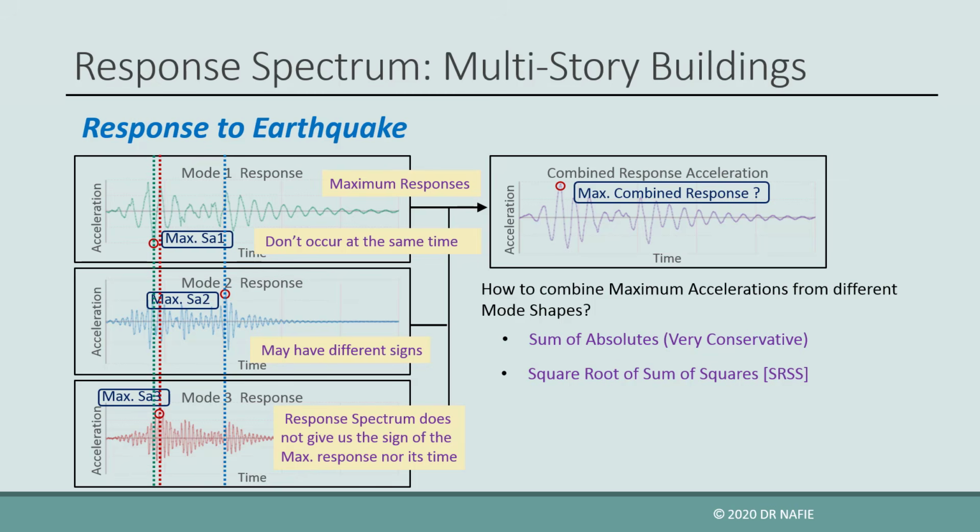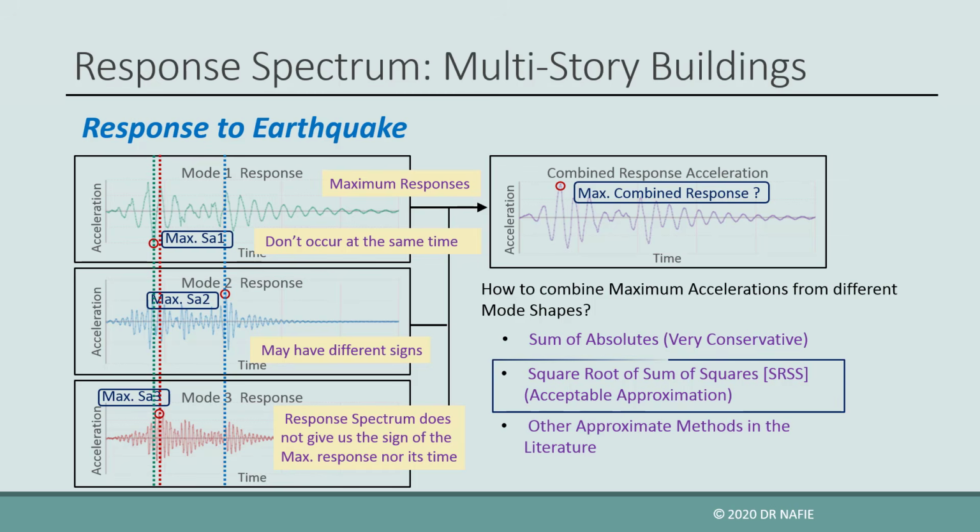In some cases, the obtained value using this method might be lower than the real maximum, but this is considered an acceptable approximation, and there are some rules in the code that try to limit the effect of this shortcoming, as will be shown later in the lecture. Other approximate methods of combining the maximum modal responses are found in the literature and can be used. In the rest of this lecture, we will use the SRSS method.